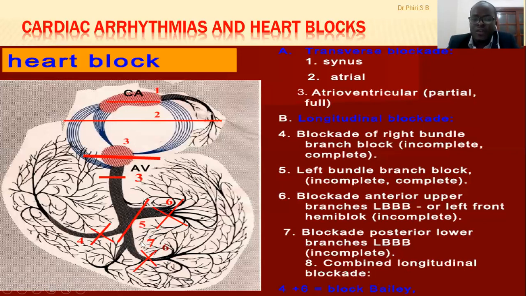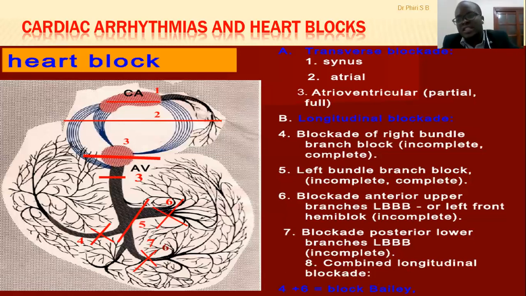So if you have 4 plus 6, this is called block Bailey. So block Bailey is a blockade of the bundle branches, in short. If you have the left and the right bundle branch blocks, then you have a combination which is called a block Bailey. So these are just in general different types of heart blocks.